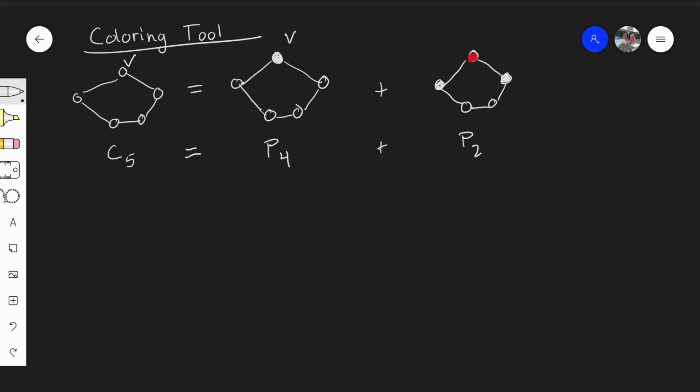So we started with a general graph G. Once you pick a vertex V, the number of ways you can color it is the number of ways ignoring V, plus the number of ways you can color it when it's red. And when it's red, this vertex makes all its neighbors, all the vertices it's connected to, white. And remember, when a vertex is white, you can basically ignore it in the graph.